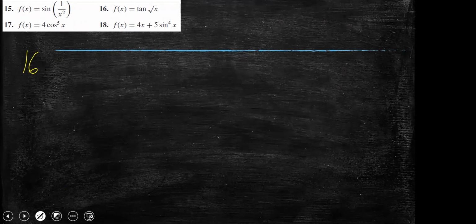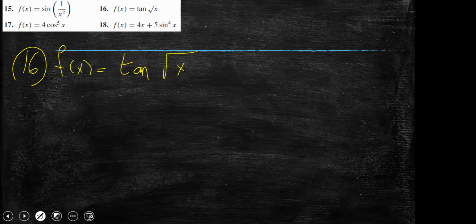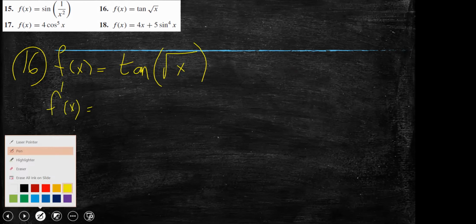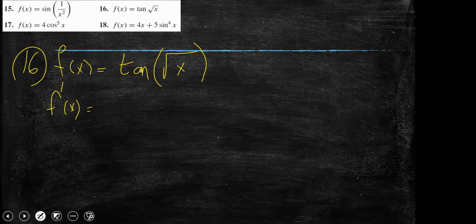In number 16 here, f of x is tan of square root of x. I want now to find its derivative. We say that we can find the derivative of f of x, or f prime of x, by finding the derivative of the outside times the derivative of the inside.